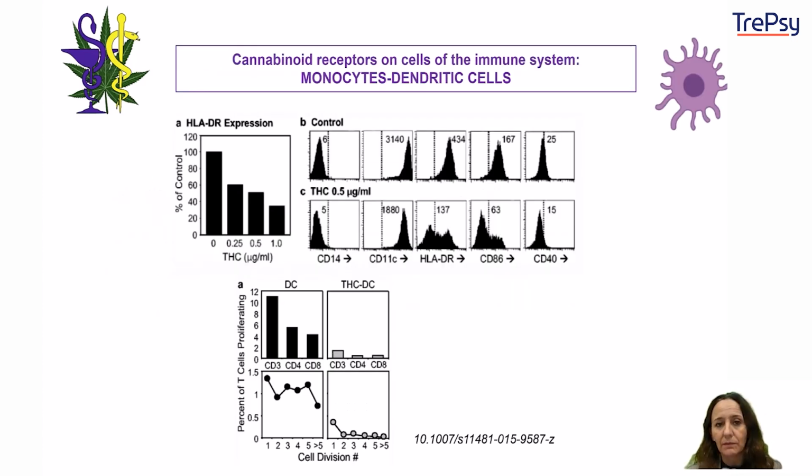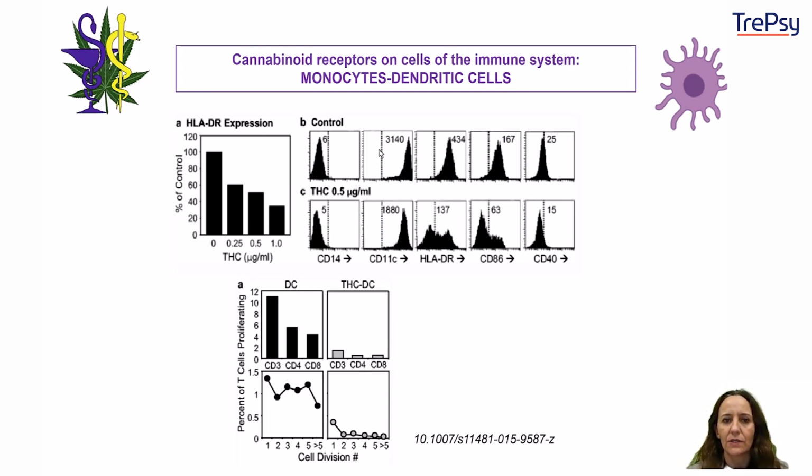So as an example, the cannabinoid receptors and the immune system cells, in this example we can see monocyte dendritic cells, and if you have a look at the graphs in here, you can see the line which marks the negative and the positive expression.